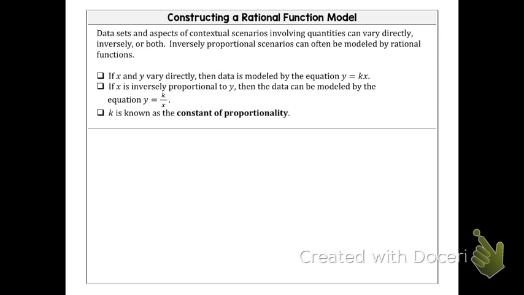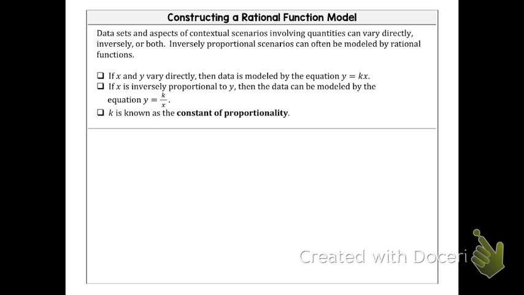All right, constructing a rational function model. All right, so data sets and aspects of contextual scenarios involves quantities that can vary directly, inversely, or both. Inversely proportional scenarios can often be modeled by rational function.